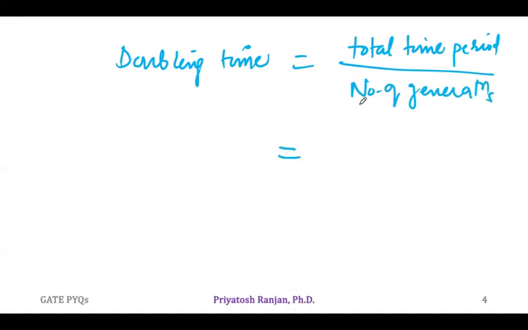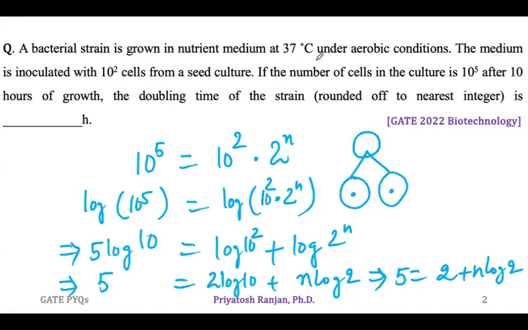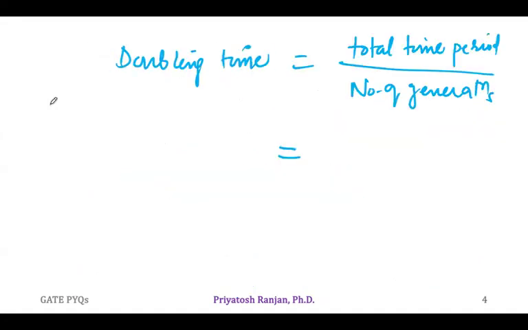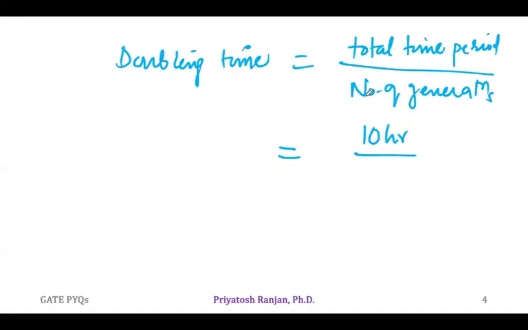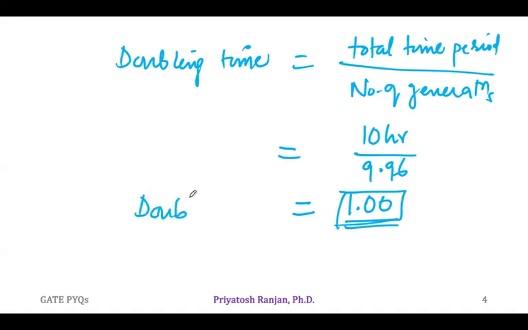So the total time given here is, if you can see, the number of cells in the culture is 10 raised to the power 5 after 10 hours of growth, so we can consider 10 hours, because the final answer we need to report in hours. And then the number of generations here is 9.96. So this value will be close to 1.00. And remember, this is the value of doubling time.